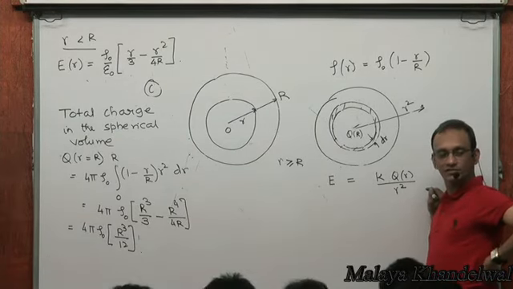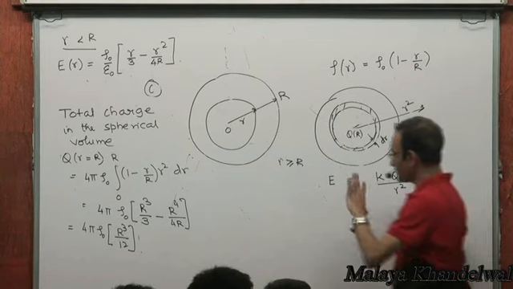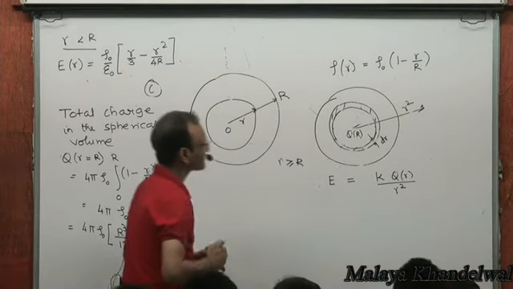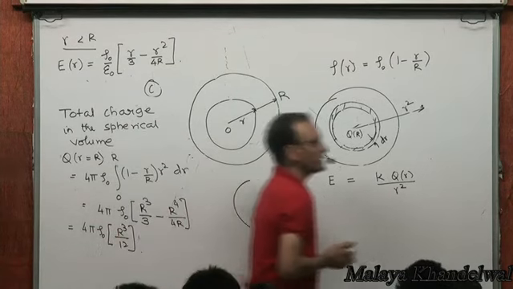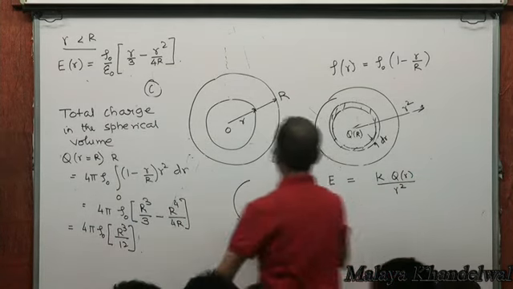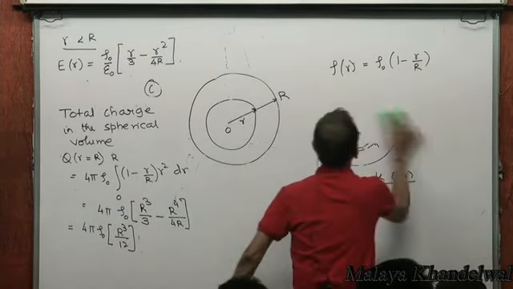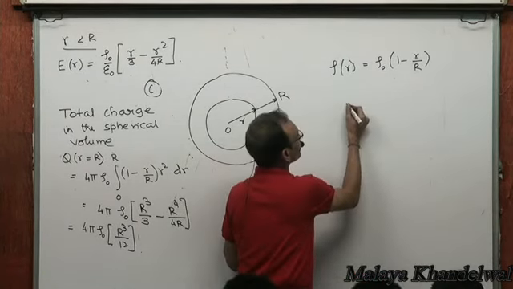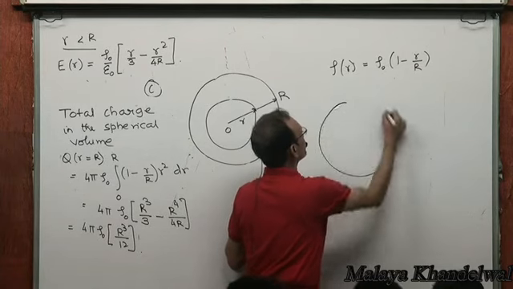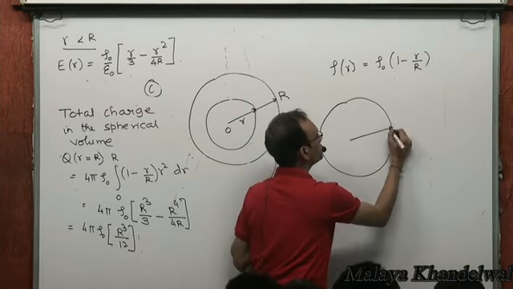No? Still not sure? Okay. Think of it like this. Let me explain it yet another way. This is the sphere of radius R, right?